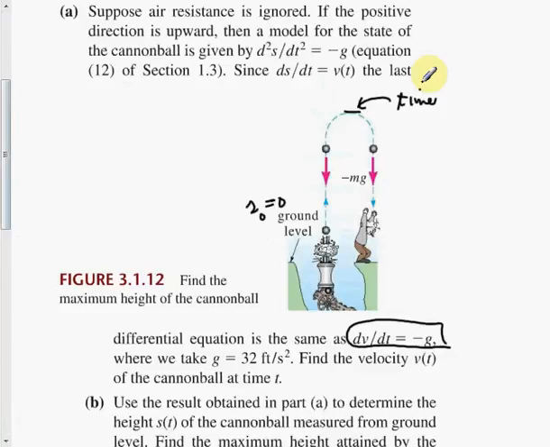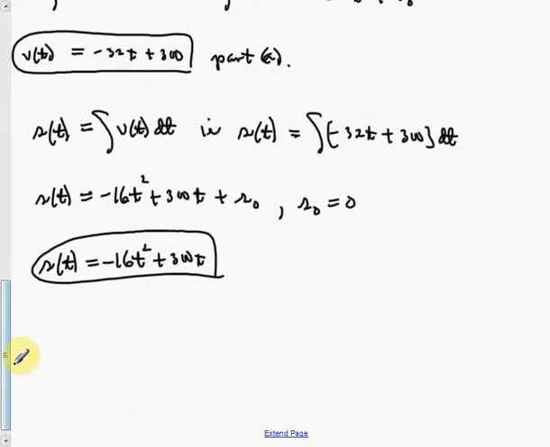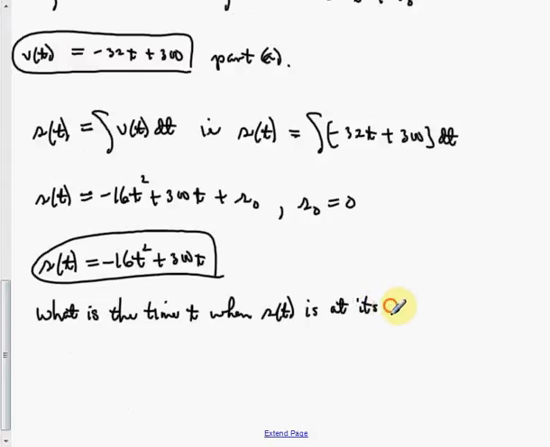I'm looking for this time when the height is at its maximum. How do we get it?